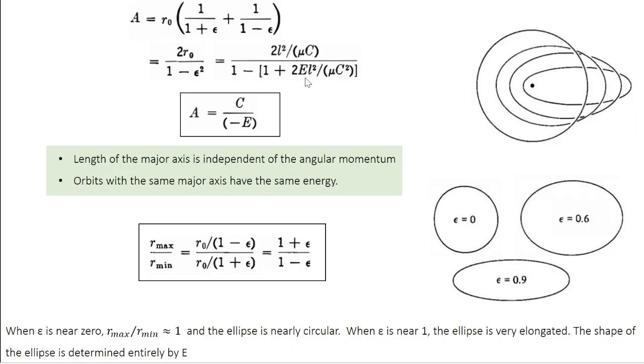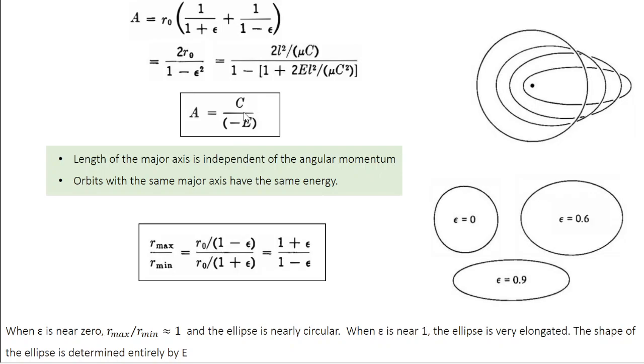So make the substitution, you get A equal to 2L square by mu C divided by 1 minus 1 plus 2 E L square by mu C square. So this one and this one cancel, and you cancel the similar terms on the numerator and denominator. You get a simple expression A equal to C divided by minus E.